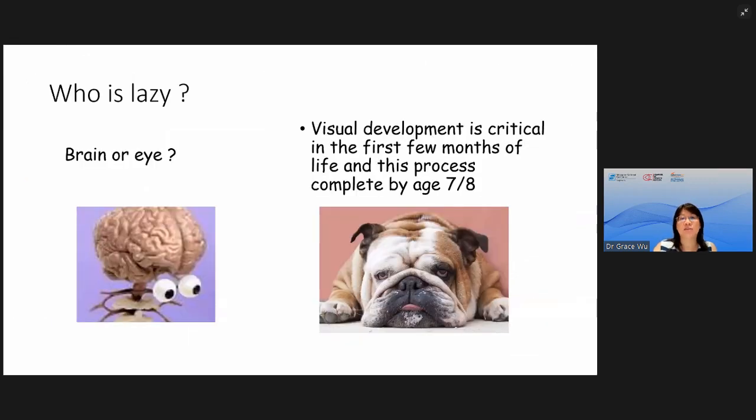They also did experiments on rhesus monkeys and found that this visual development process is complete by the age of 7 or 8. Therefore, if we want to intervene in lazy eye, we have to do it very early, because between age 0 to 3 months is a critical period of development of these cells, and between age 0 and 3 years are the sensitive period.